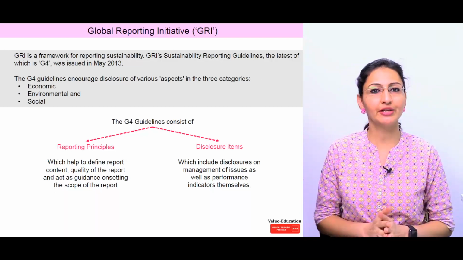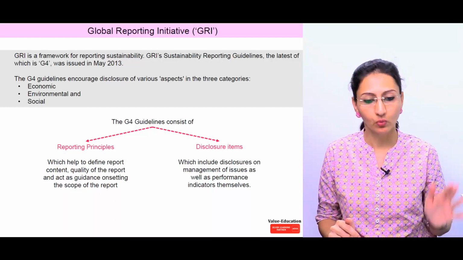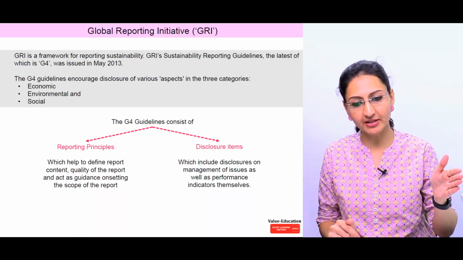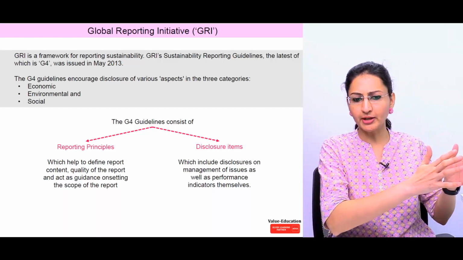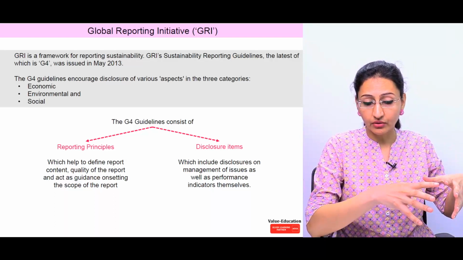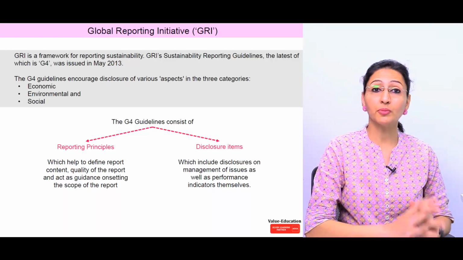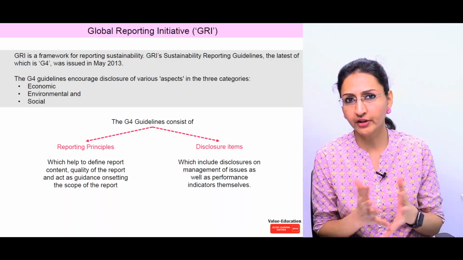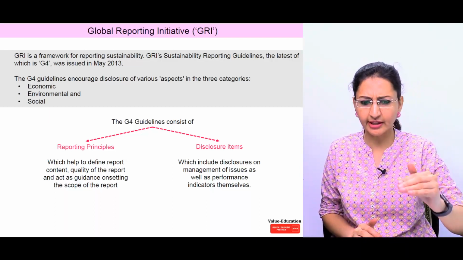Here the G4 guidelines have given two different headings of reporting. One, reporting principles. Two, disclosure items. What are reporting principles? Principles tell what the content of the report should be, what the scope of the report should be, what the report should provide. Everything is there in the reporting principles.